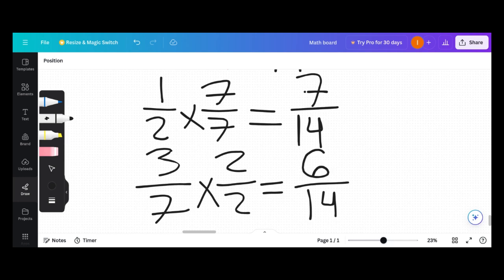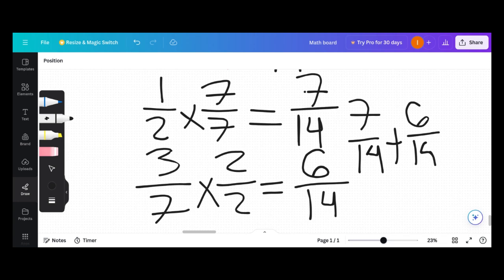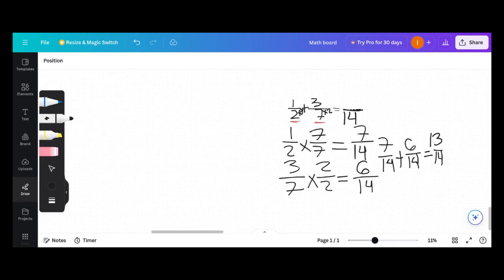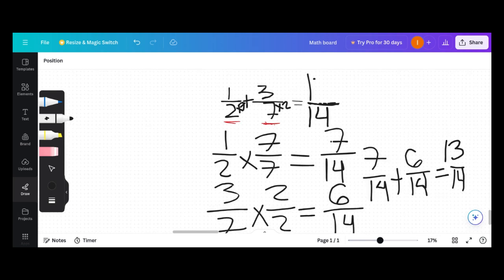That means now we have 7/14 plus 6/14. Okay, so for this, we're going to leave the 14 the same, and we know that 7 plus 6 is 13. So that gives us the answer of 13/14. So 1/2 plus 3/7 equals 13/14.